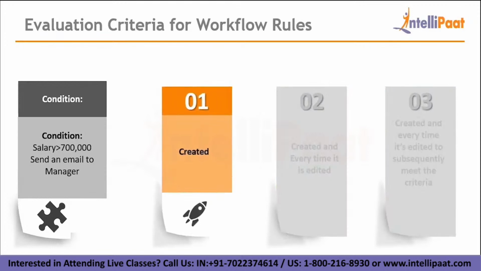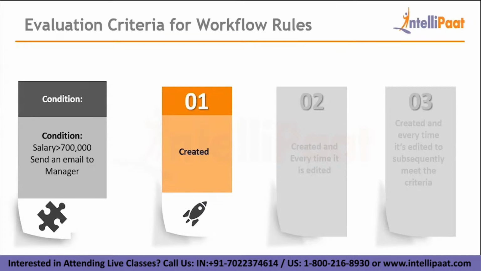First of all, if we are using the first evaluation criteria, that is created, whenever a record is created and the salary is more than 7 lakhs, an email would be sent to the manager. But if the record is edited and the salary goes up to 8 lakhs, then no email would be sent to the manager.